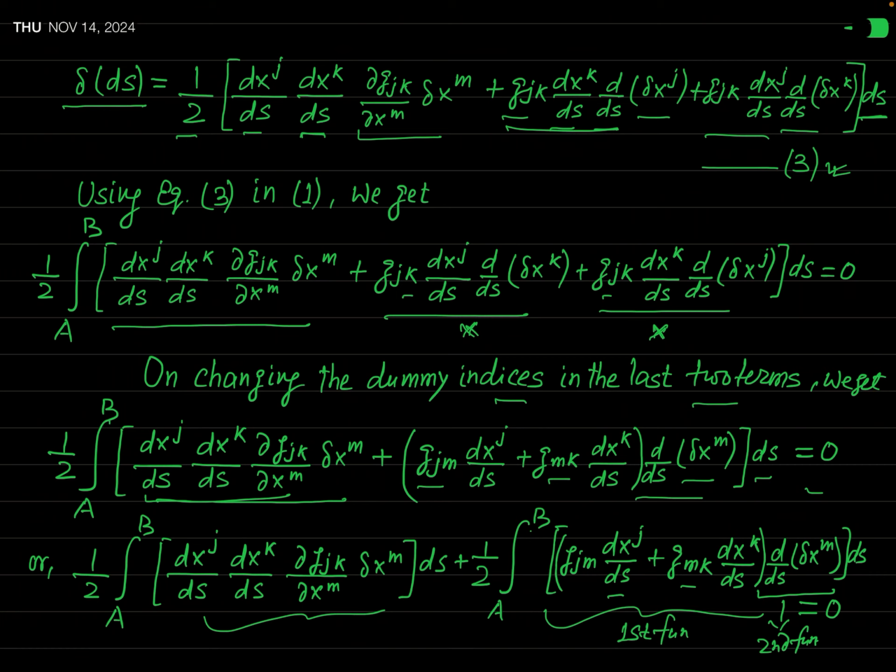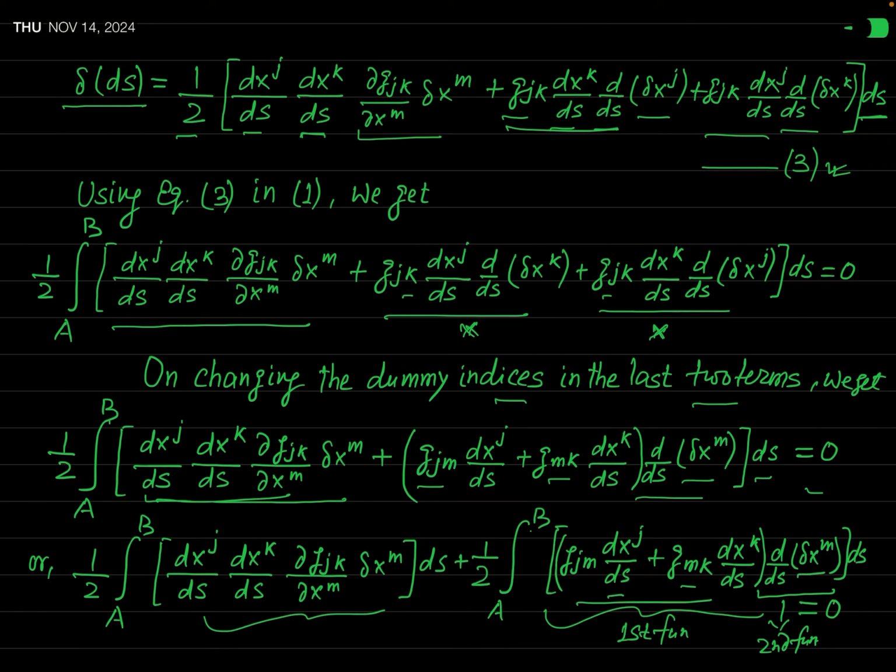Now apply the rule of integration by parts. According to this rule, we have to write the first function times the integral of the second function. First function is this much, and what will be the integral of this d/ds delta x_m with respect to s? This will be simply delta x_m.